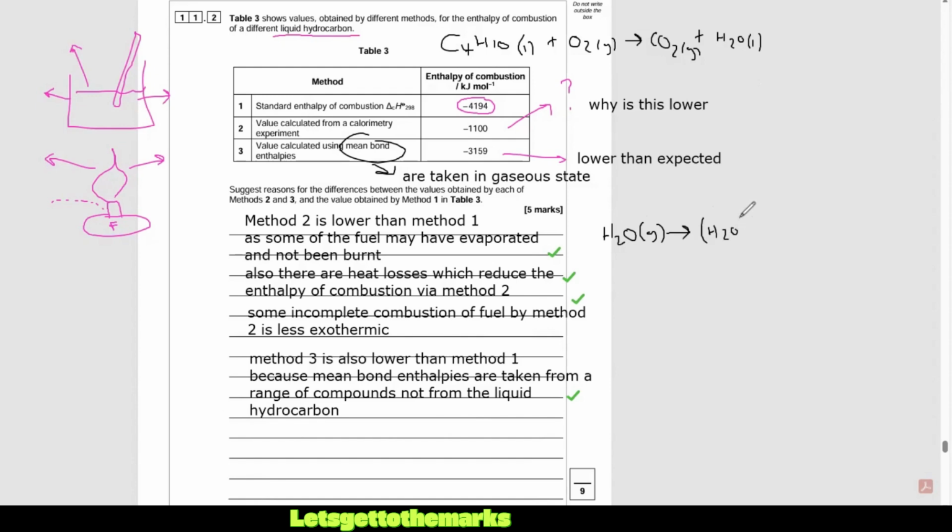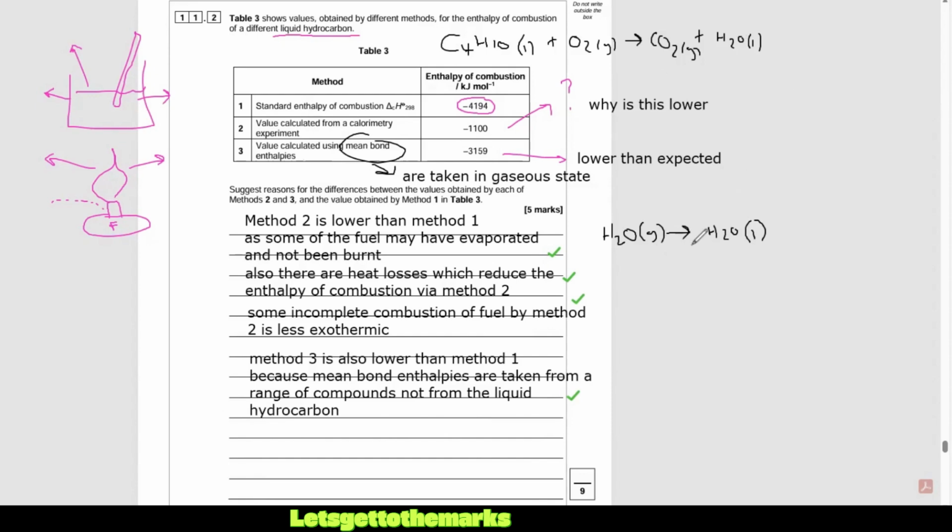Now, it's not that the water is changing state during this that I'm worried about. It's that the values I've been given to calculate the mean bond enthalpies, you'll often get a table of CC bonds, CH bonds, and they're mean bond enthalpies that you've been given. They have all been taken in the gaseous state.